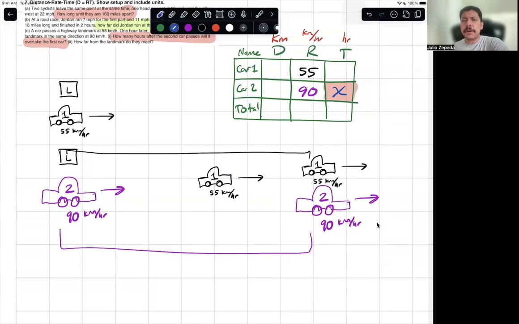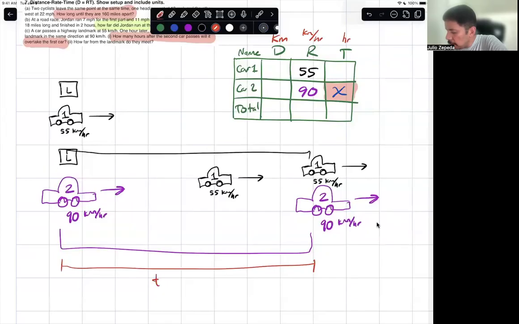Essentially, we're asking the amount of time. I'll write here in red, the time for car two, we've defined to be x. Now, how much time did it take for car one to travel this exact same amount of distance?